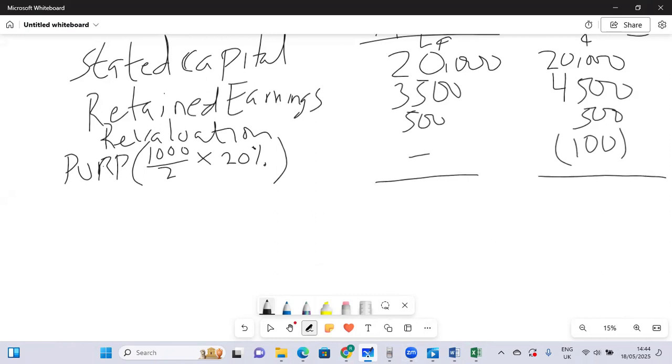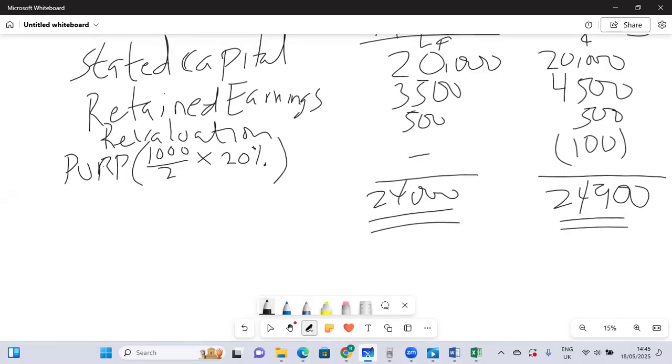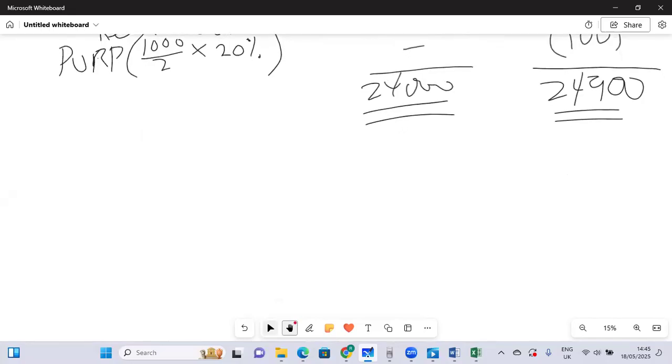So here we are going to get 24,000. Here we are going to get 24,900. Now, our PAP, post-acquisition profit, is the net assets at reporting minus the net assets at acquisition.